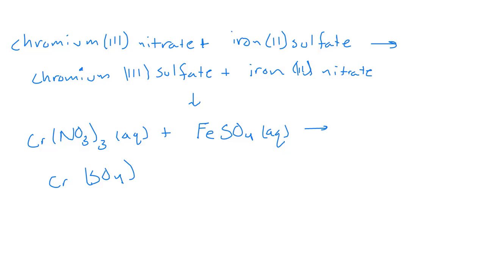So 3, 2, and then 3. And again, these are both aqueous. And what about iron 2 nitrate? We said earlier nitrate has a -1 charge, so we're going to need 2 of those. This is aqueous. That's a doozy.